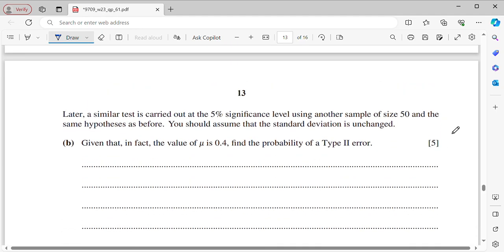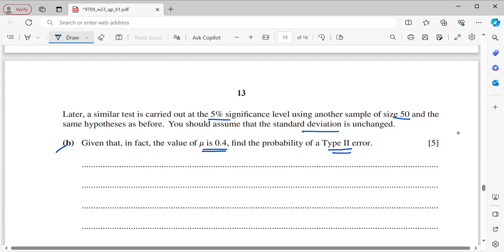Okay, now next part. Later, a similar test is carried out at 5% significance level using another sample of size 50 and the same hypothesis as before. You should assume that standard deviation is unchanged. Now B, given that in fact the value of mu is 0.4, just now was 0.5. Find the probability of type 2 error.